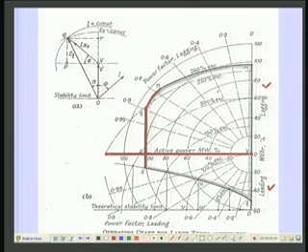Then this portion of the curve, which I will show in a different color here, shows basically the field current limit. Then this part of the curve which is shown here represents the stability consideration.